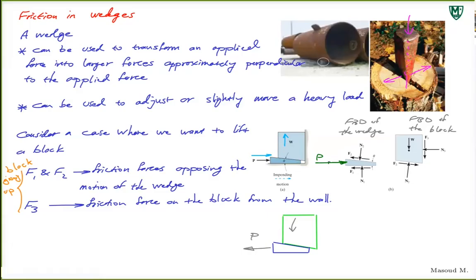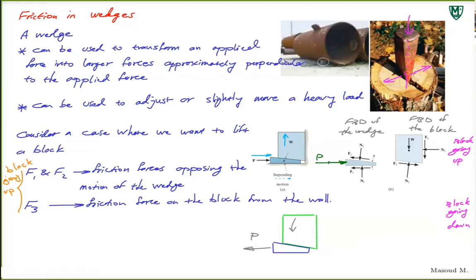What would have changed if I was trying to pull the wedge to the left? Looking at the free body diagram of the wedge, what would have changed? Can someone tell me? This is block going up. Now I want to look at block going down.